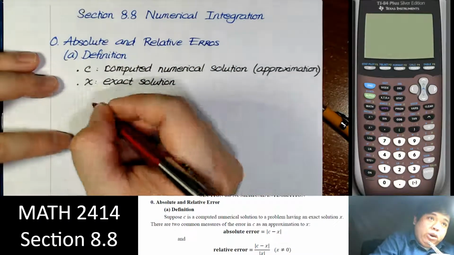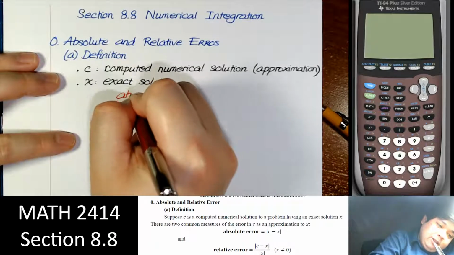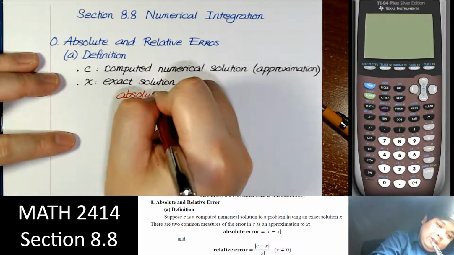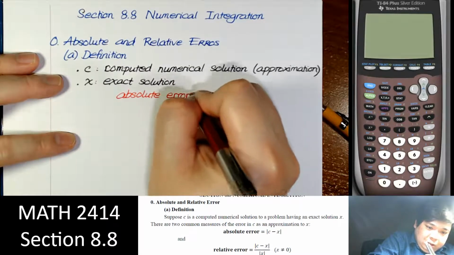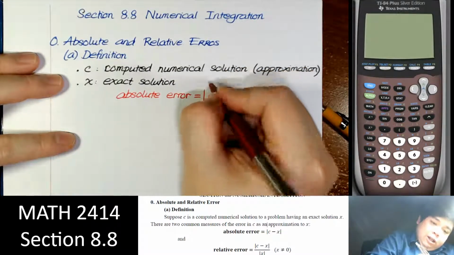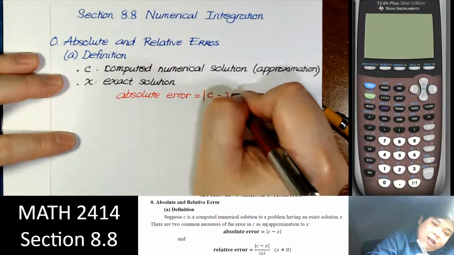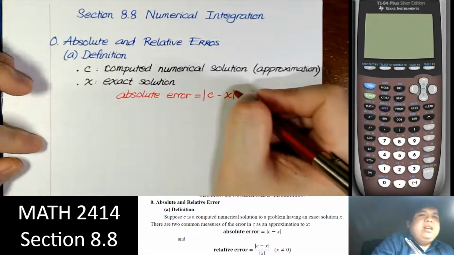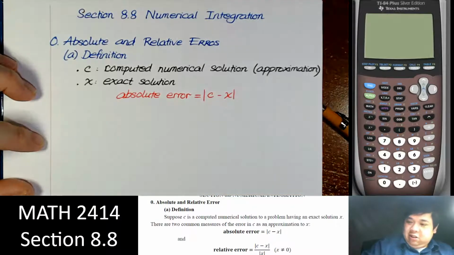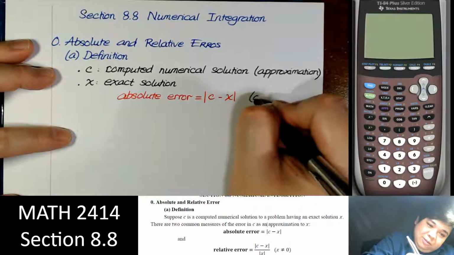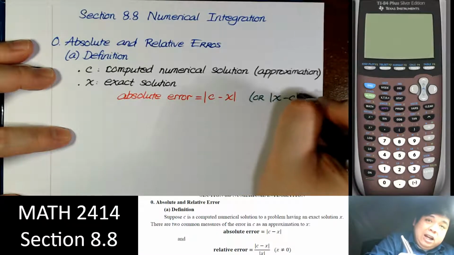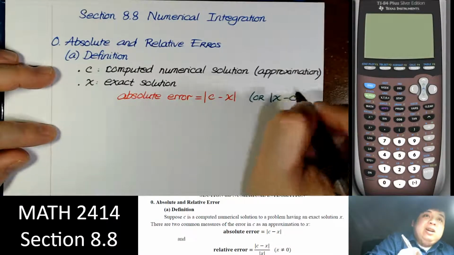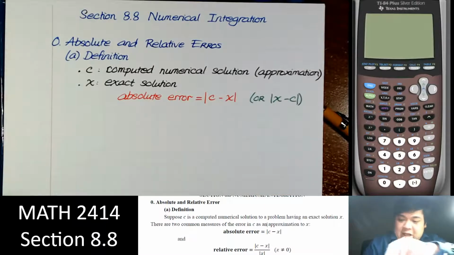After that, we define the absolute error. It is the absolute value of C minus X or X minus C, it doesn't matter, because we have absolute values. The absolute value of a negative is equal to the absolute value of the opposite, the positive.